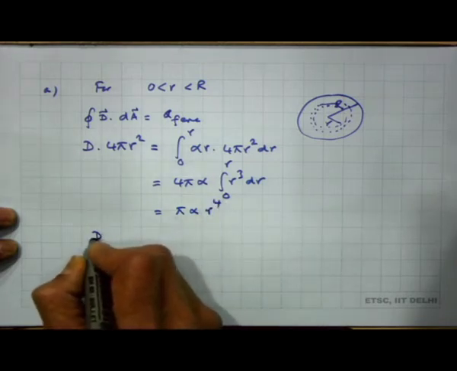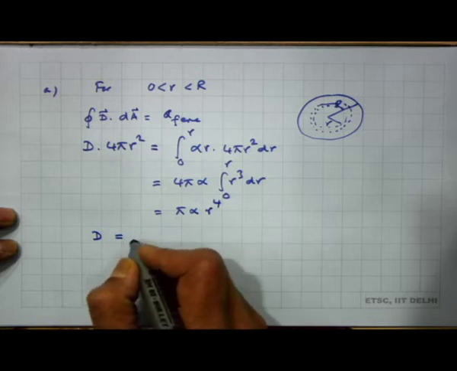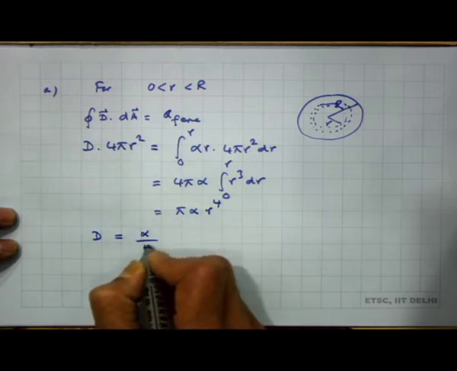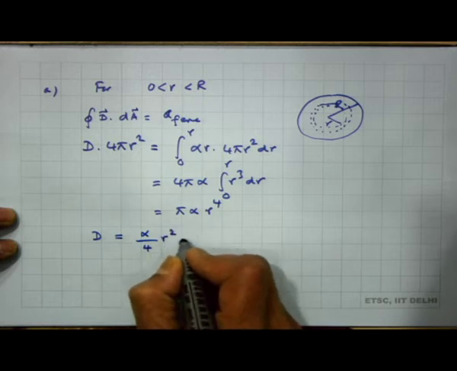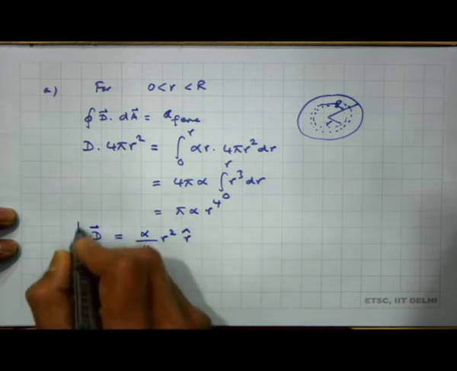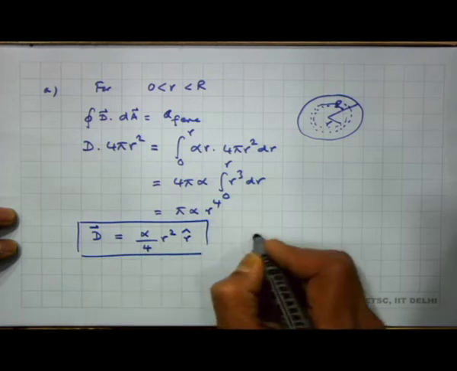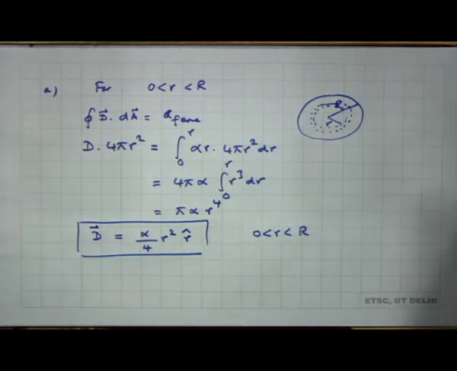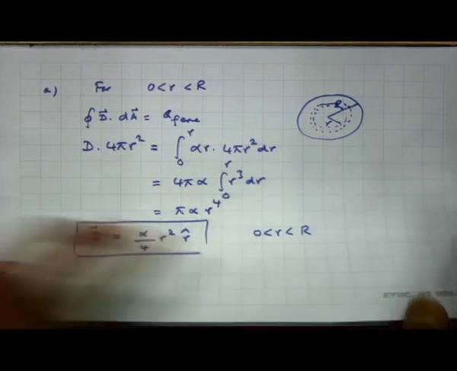So, the displacement vector D is equal to alpha by 4 r squared r cap. This is for 0 less than r less than R. And I know the relationship between D and E vector.